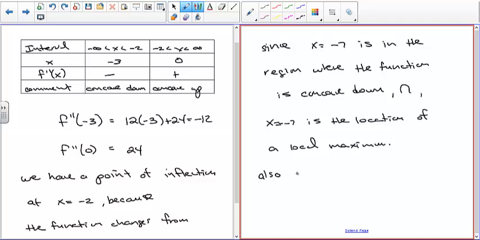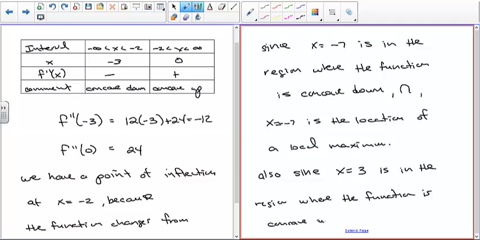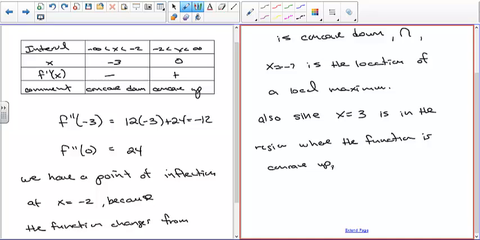Also, since x equals 3, I think that's what it was, yeah, 3 is in the region where the function is concave up, x equals 3 is the location of a local, so let's draw a concave up here, that's going to be a local minimum.